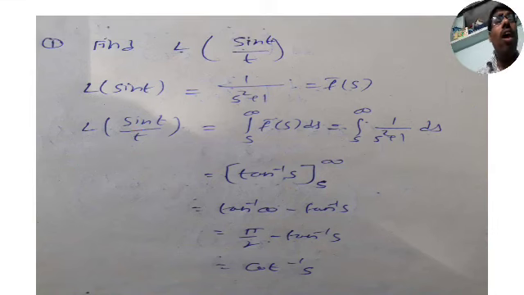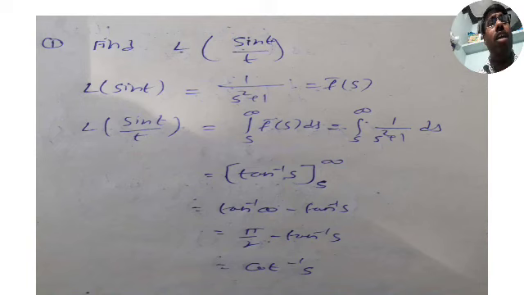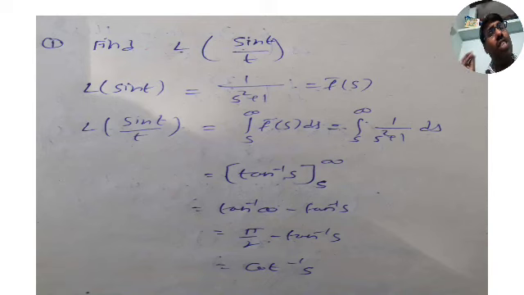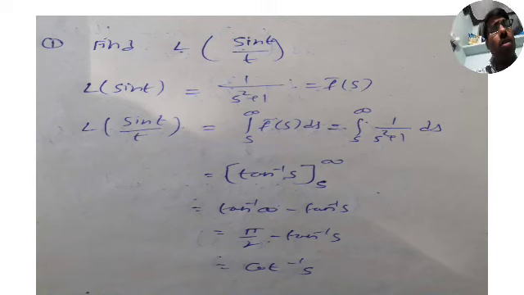Find L of sin t by t. By seeing the problem you can identify it is a division by t method. Are you able to get it? Except that t, that is denominator t, take all other terms as f of t, that is f of t is sin t here.